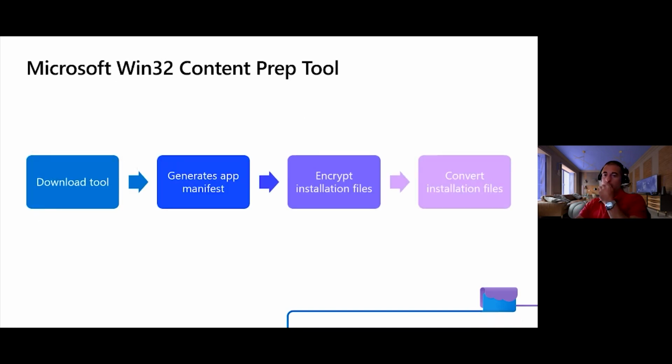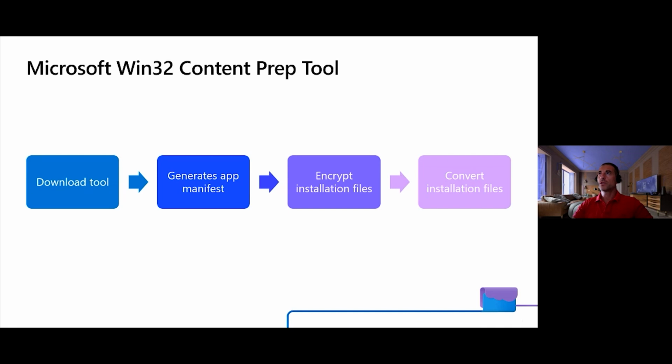So the first step that you have to take is to download the Win32 content preparation tool from GitHub. This tool, once you run it, will read your application content, which can be, again, an MSI, an exe, or multiple files for a complex application.